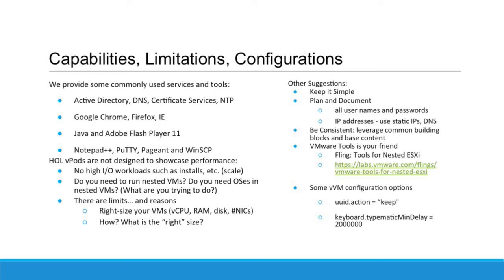So one thing about the hands-on labs is we deploy massive numbers of labs at scale. We're not showcasing performance. So we have a vSAN lab, for example. We're not trying to show you how the thing performs because we don't actually run with SSDs, right? We're running nested, and we fake ESXi out, using some of the tricks that William mentions in his blog.